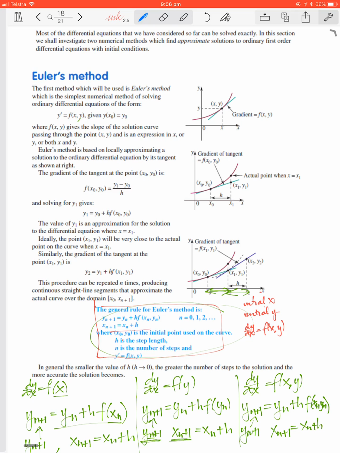And then you can plug that into Euler's method. If you wanted to, you could use differing values of h. The smaller the h, the more accurate the answer.